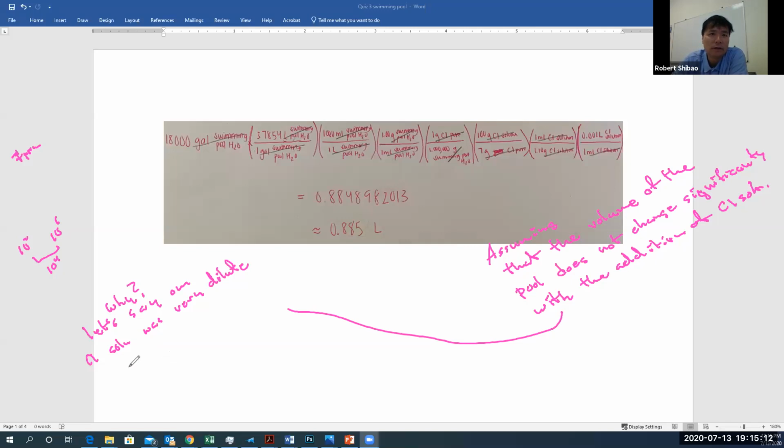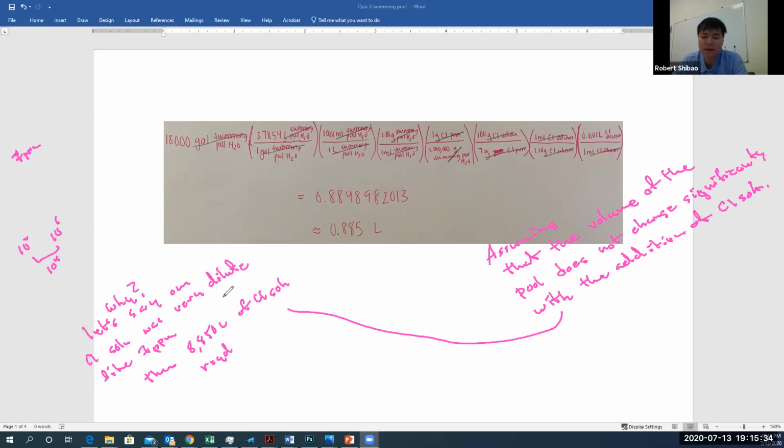So like 7 ppm, then 8,850 liters of chlorinating solution required. Well, 8,850 liters, how many gallons is that?